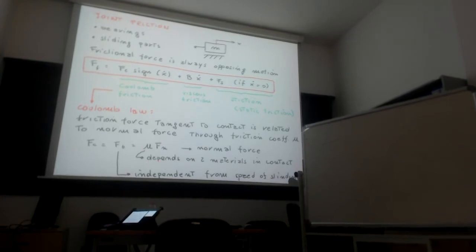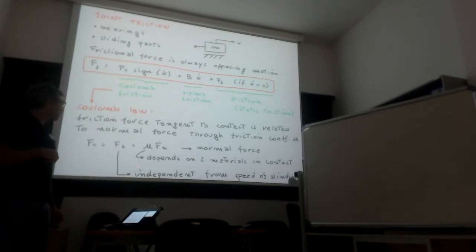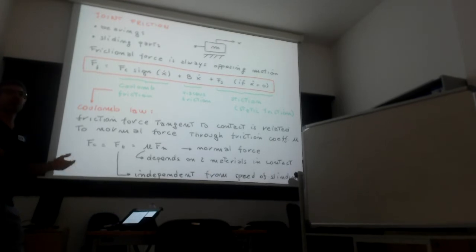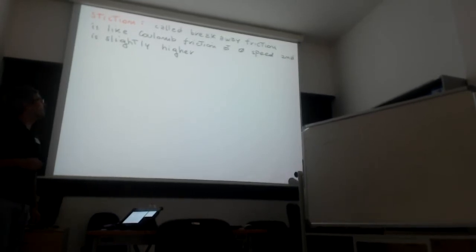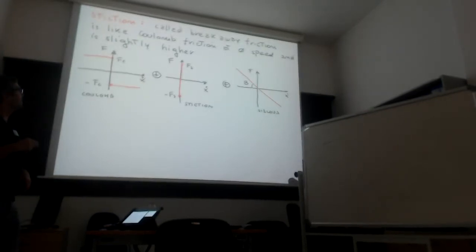The friction coefficient mu depends on the two materials that are in contact, while the tangential force is independent of the sliding speed for the Coulomb term. The stiction instead is called the breakaway friction, and it's like Coulomb friction at zero speed, and it's slightly higher than the Coulomb friction.